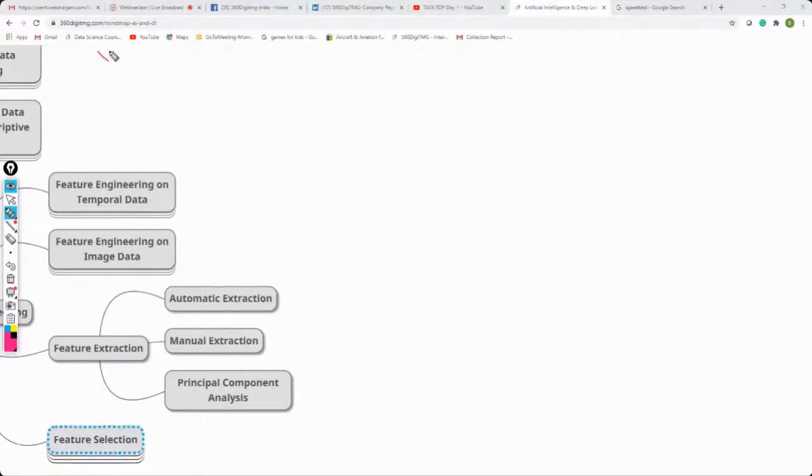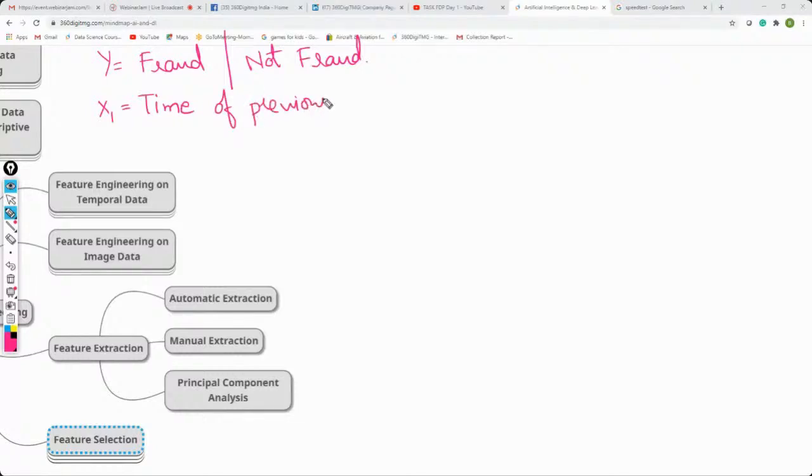Say I want to predict whether a credit card transaction is fraud or not fraud. And say you have inputs which the customer has given you. Input 1 is time of previous transaction.